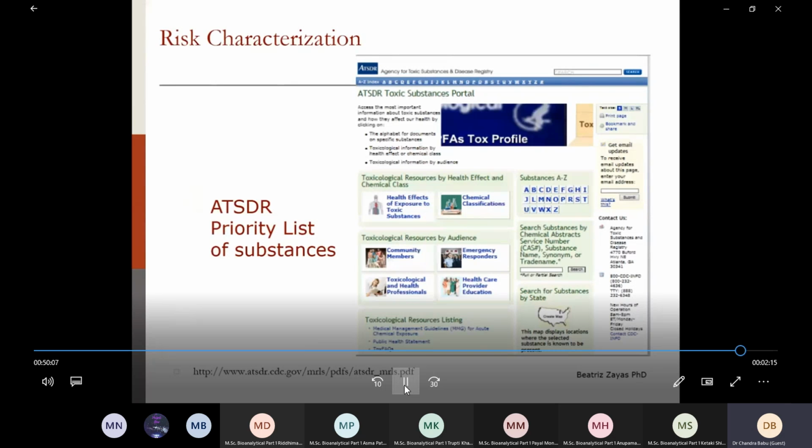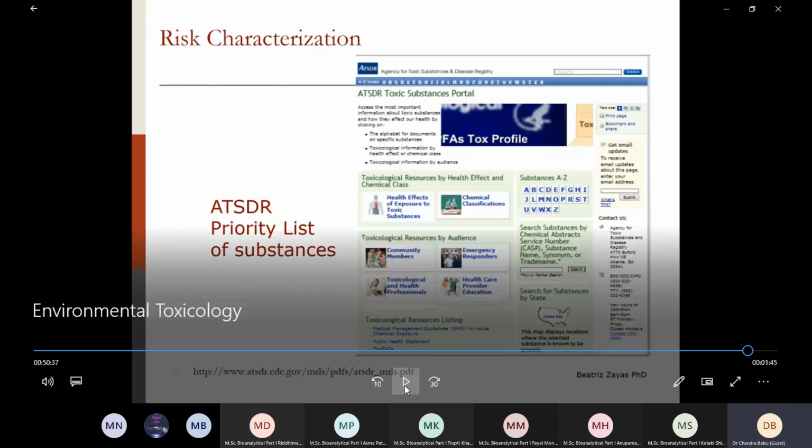For those that are not familiar with this field, I would recommend you go to the ATSDR, the Agency for Toxic Substances and Disease Registry. It's really a portal that the CDC has generated. It's fantastic. It gives you a lot of information on a list of substances, not only a priority list, and you will be able to find most of the information that relates to toxicity.